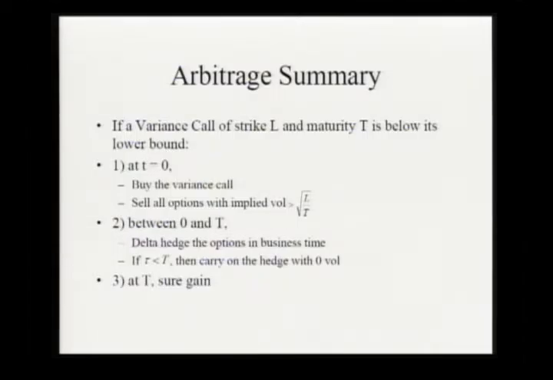And if you run out of gas before maturity, you carry on the hedge with zero vol, because the variance call will pay for this Ito term. If theta is greater than t, then you have managed to perform the hedge. So as usual, if you find such a situation, you make a sure money to start with, due to the difference between the market price of the variance call and the lower bound, and possibly more at the end.